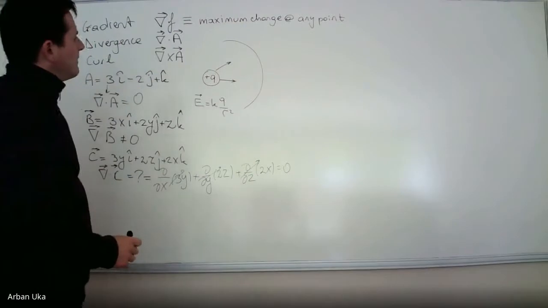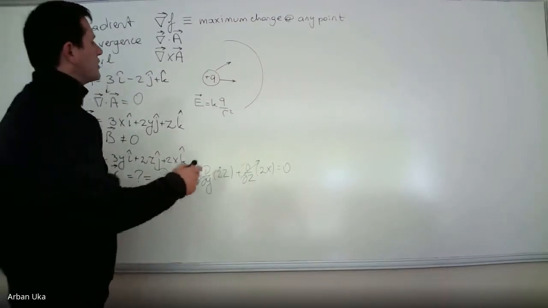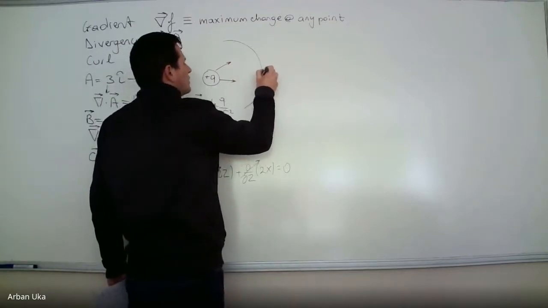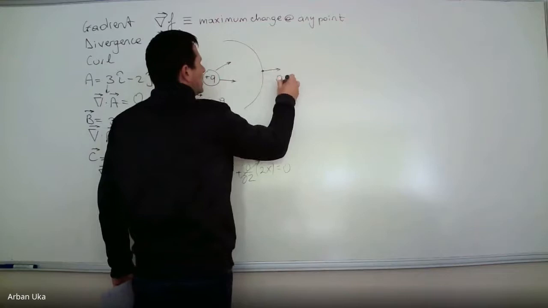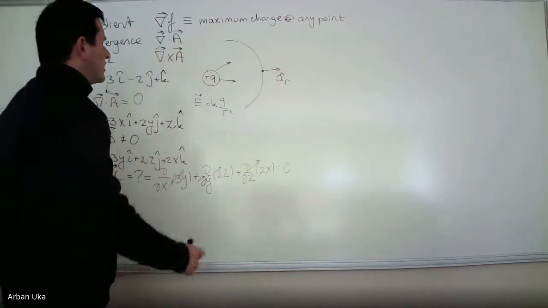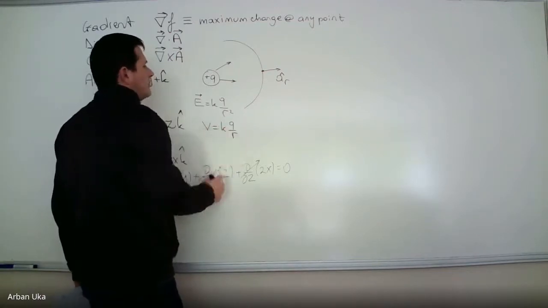So the maximum change at any point is along a_r. This is the direction of the maximum change. Or similarly, we can even look at kq over r.